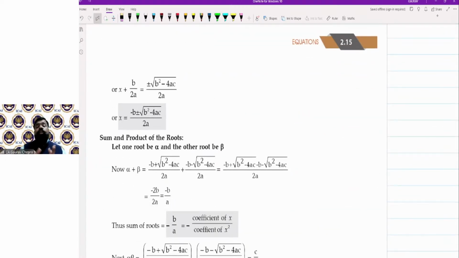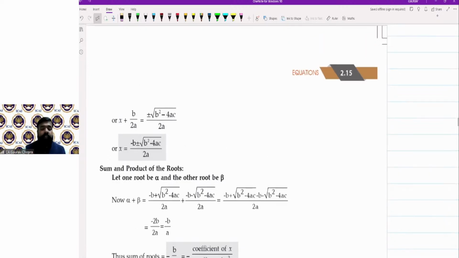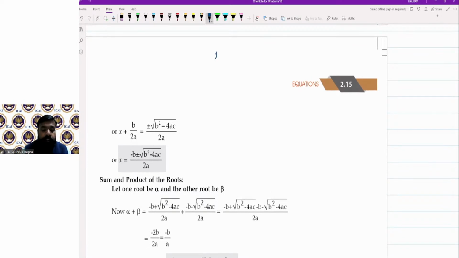So how to solve the quadratic equation? In order to solve the quadratic equation, there are two methods. The first method is known as the splitting method. Here we have to do the factorization and then we can split the equation to solve.